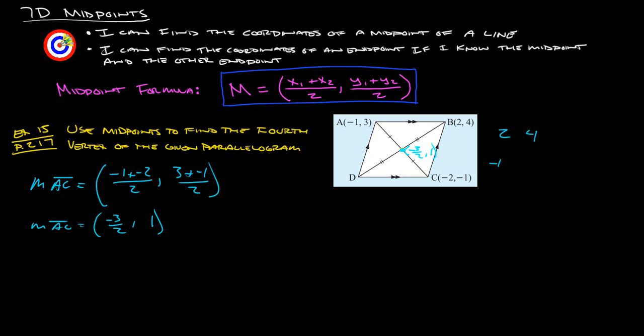I'm going to turn that into -1.5 and 1, and I say, okay, what do I have to add or subtract to those to get to here? So let's see, difference between 2 and -1.5 is -3.5, and then 4 minus 3 gives us 1, right?